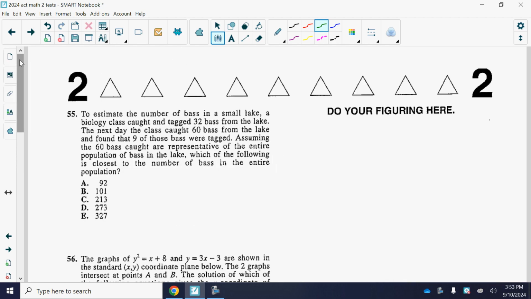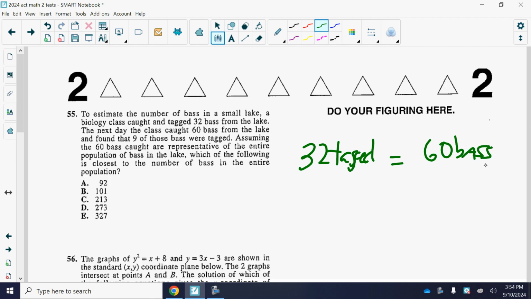Oh well, it happens. We tagged 32 bass. That's 32 are tagged. And the next day, we caught 60 bass, of which 9 were tagged.